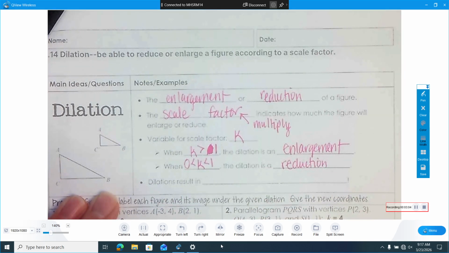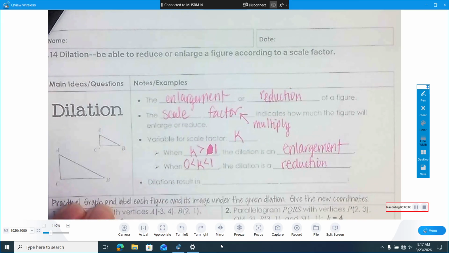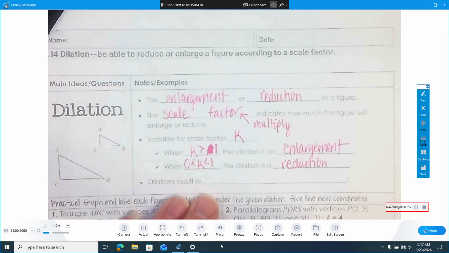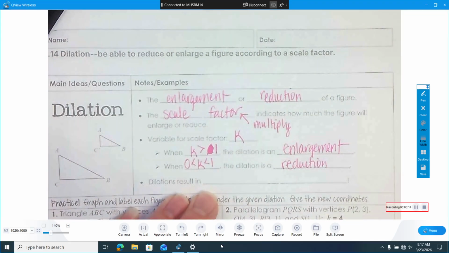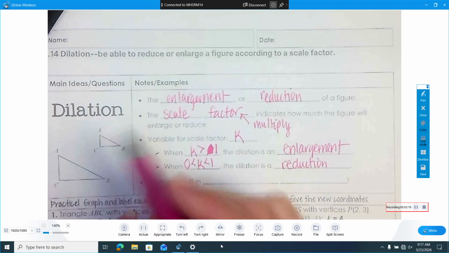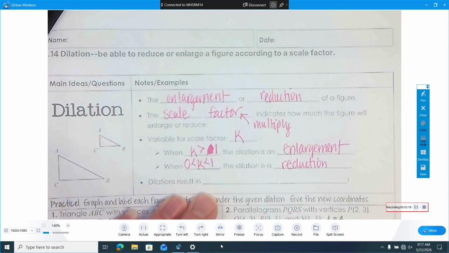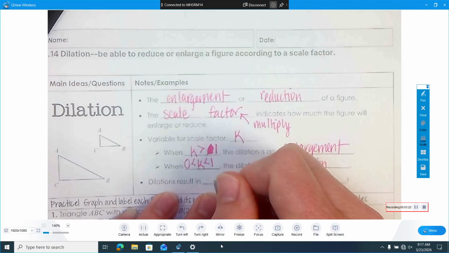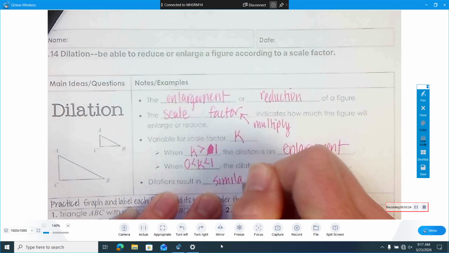Now, are these two shapes congruent? No, they are not congruent. So dilations don't give us congruent figures. They are clearly different sizes, and so we say they result in similar figures.